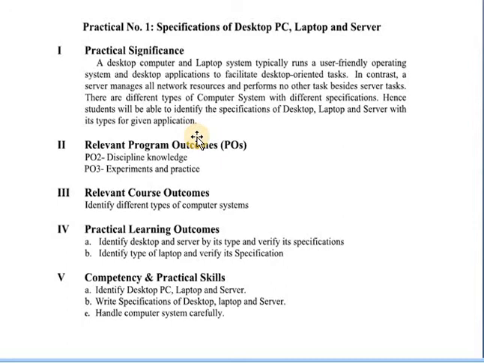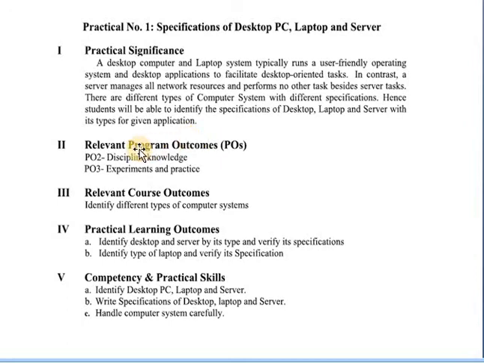What is meant by client? A client is a machine which requests services from a server, and a server is a machine which provides the services to the client. Whatever request the client sends to the server, the server provides that service to the client. Okay, this is the main difference between server and client.